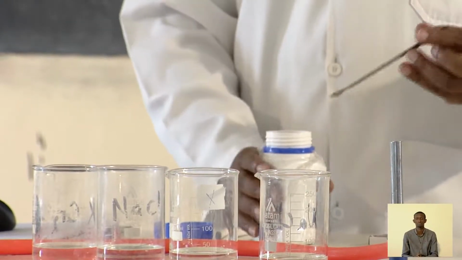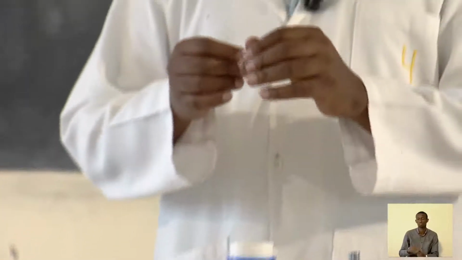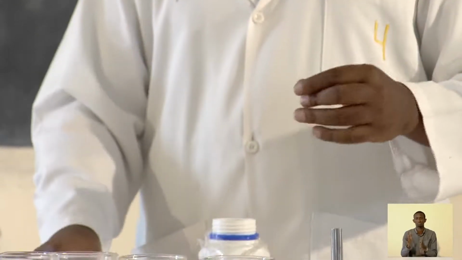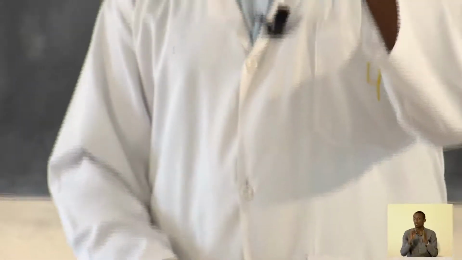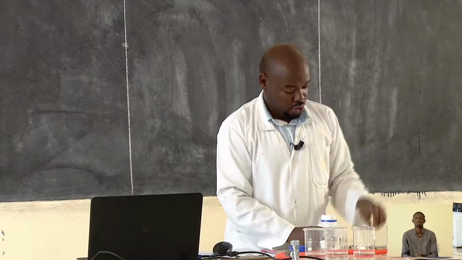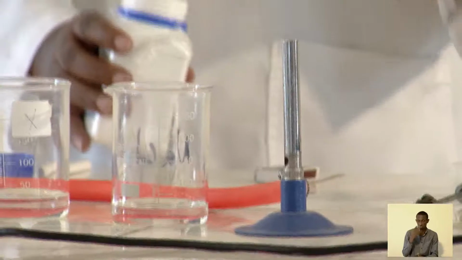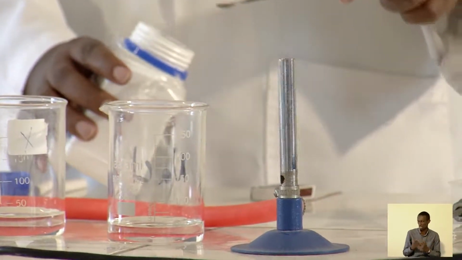We have some calcium and magnesium. What happens when you take a piece of magnesium, put it in water? You will tell me where we have a reaction, where it is reacting.